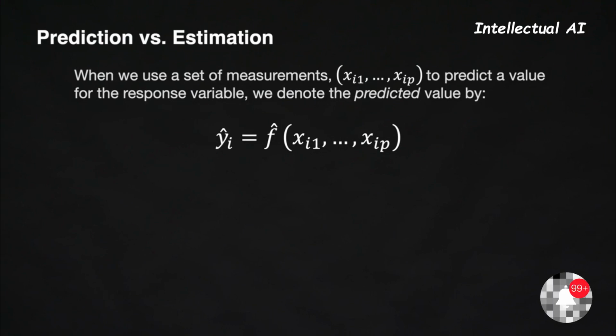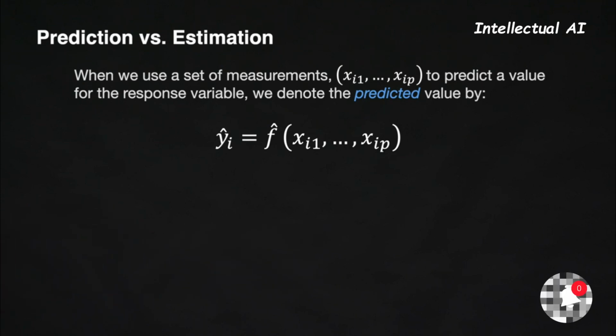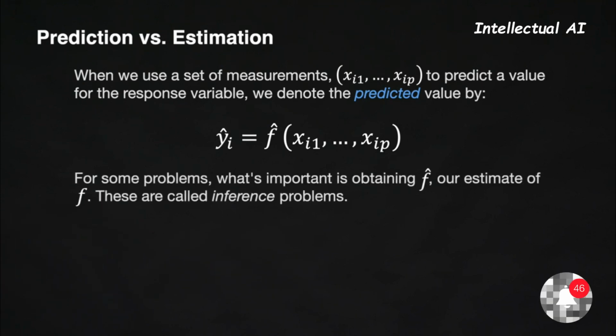When we use a set of measurements, x_i1 to x_ip, to predict the value of the response variable, we denote the predicted value by y_i hat, which is equal to f hat of x_i1 to x_ip. Now, there are 2 types of models we can build.